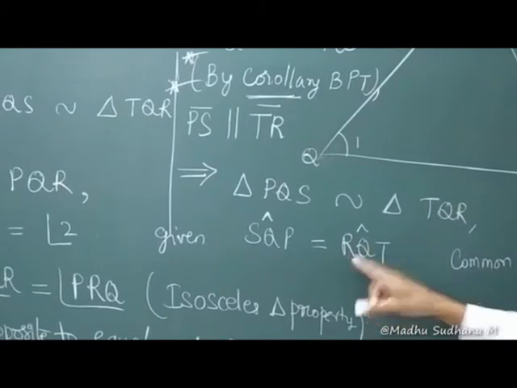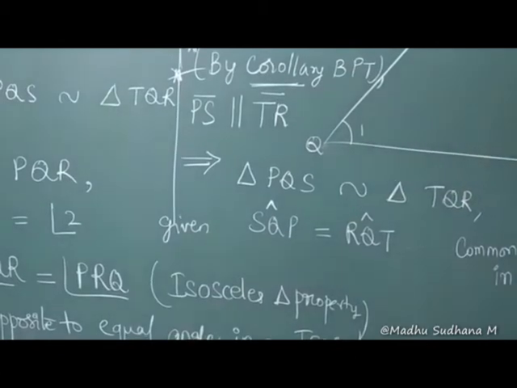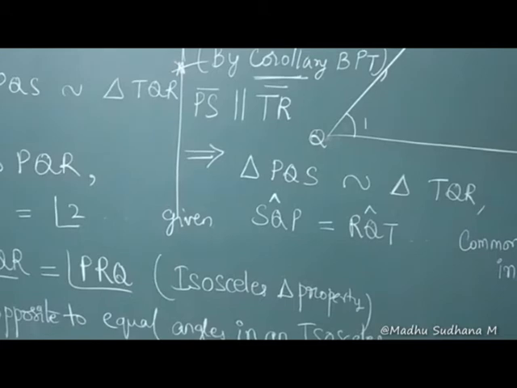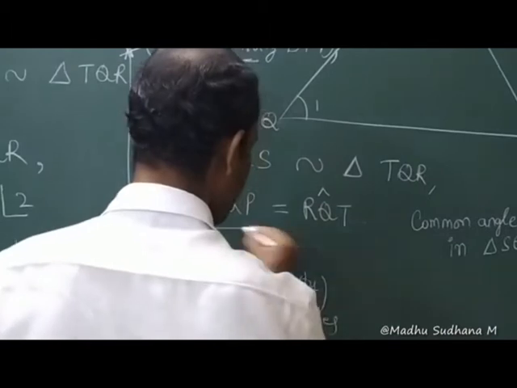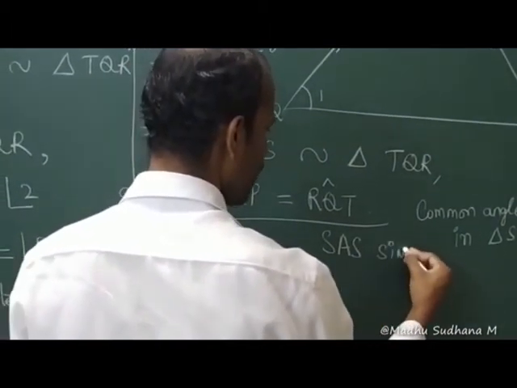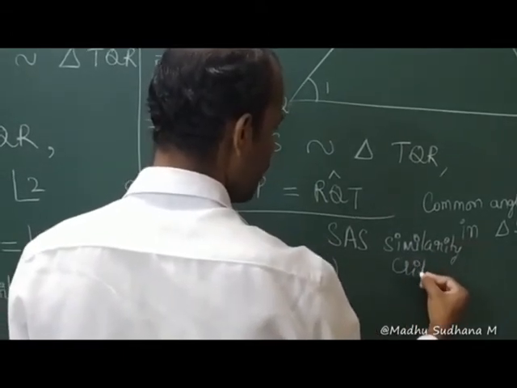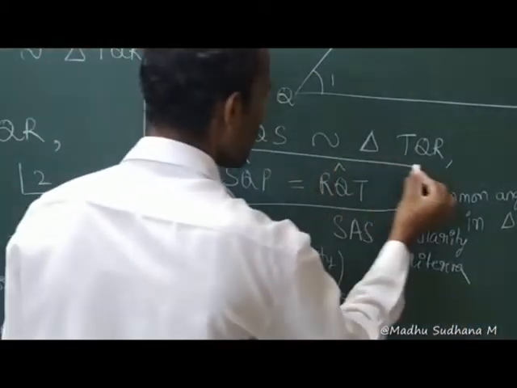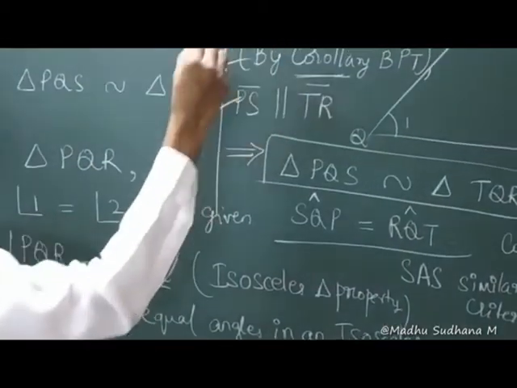So in triangle SQP and triangle RQT, this is from the SAS similarity criteria, and hence we can say that triangle PQS is similar to triangle TQR, and that is the required proof for this question.